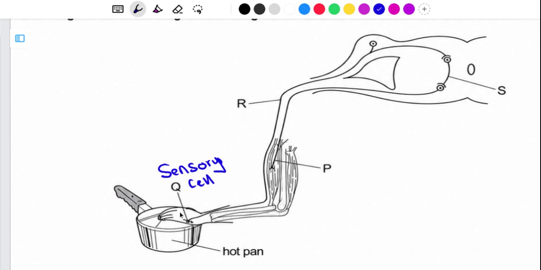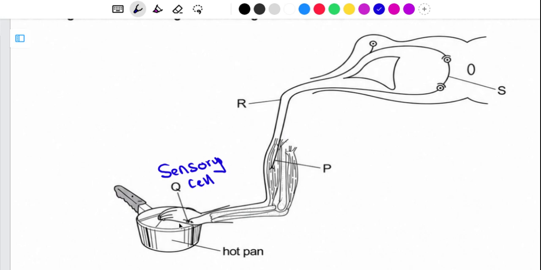These sensory receptors are the ones that have the sensory cells that are able to detect and change the temperature into an electrical impulse and travel through this route here. And we can see we also have this arrow here, which is also symbolizing the sensory cells.